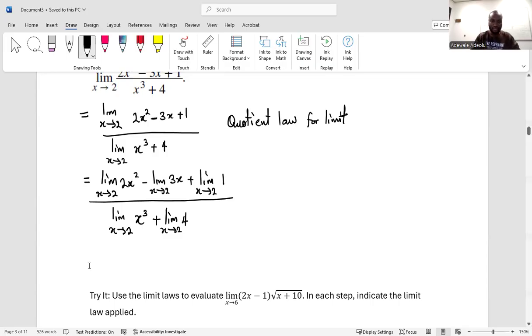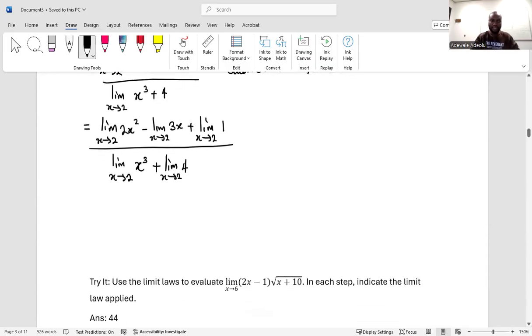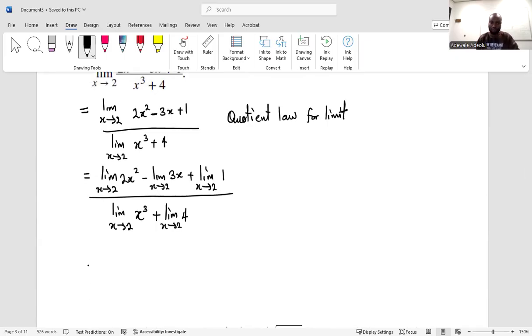Now, in this sense, we have used the sum and the difference law for limits.